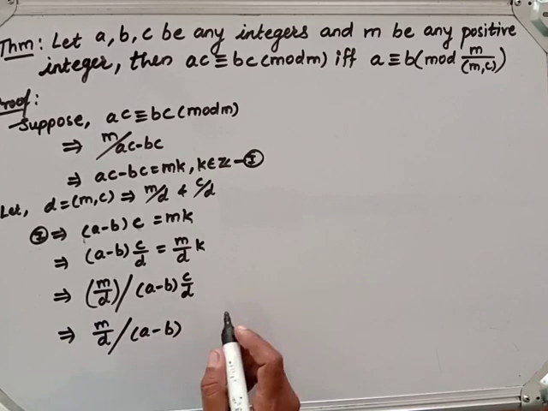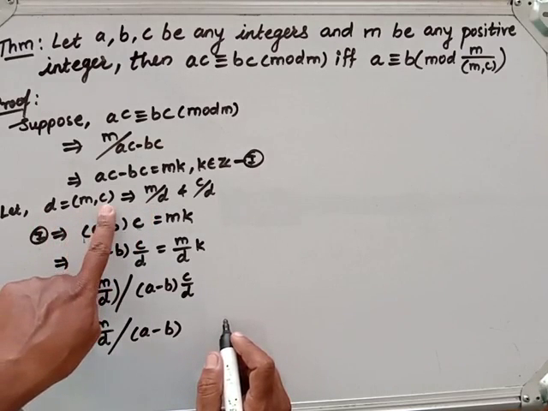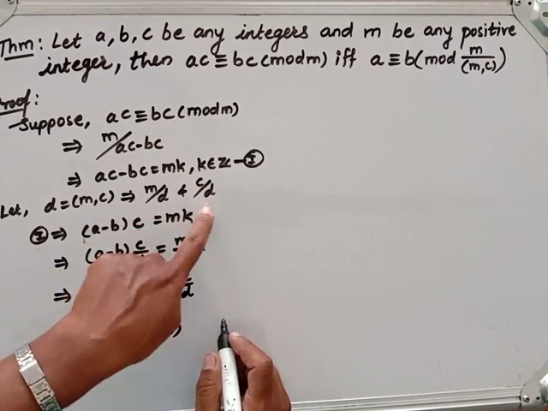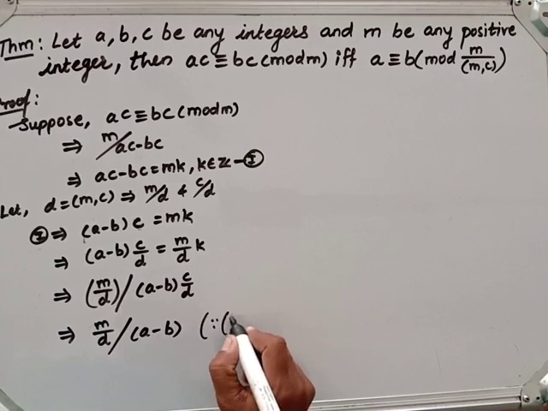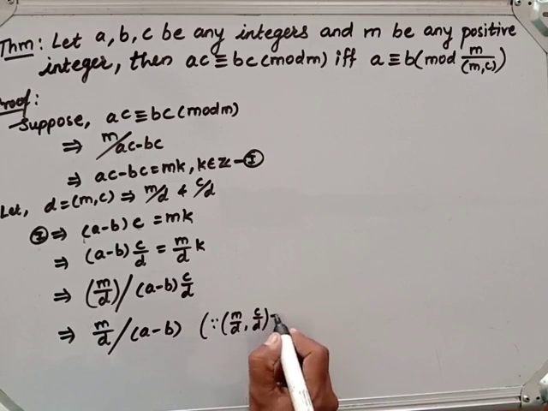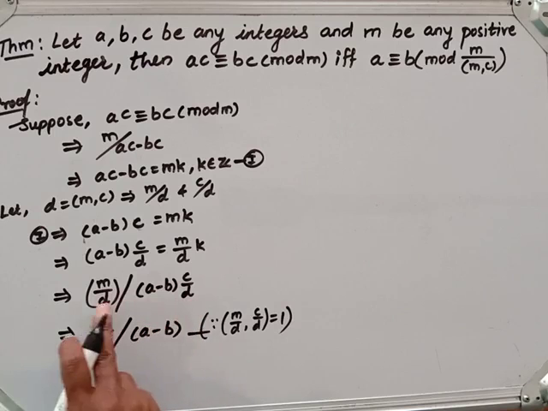Why does this hold? We know one property that if d is the GCD of m and c, then the GCD of m by d and c by d should be 1. We have solved one example of this kind. This is one of the properties of GCD. As this GCD is 1, m upon d is a divisor of a minus b.